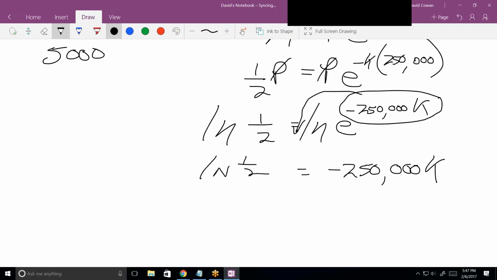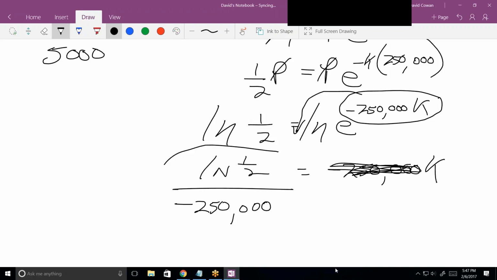So the answer to solve for K is to divide both sides by minus 250,000. That's going to be equal to K. Once you get that number out of your calculator, incidentally the numerator is going to be negative. Whenever you take logs of numbers between 0 and 1, you get negative answers.